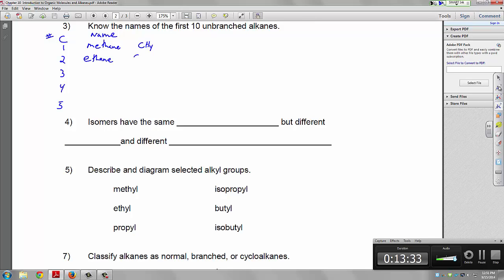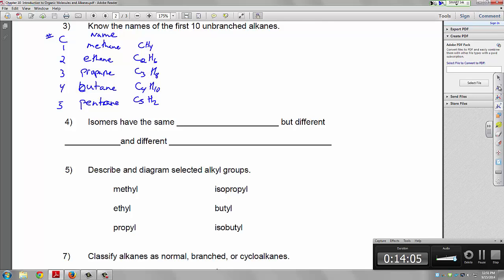I'm not going to draw the whole structure, I'm just going to give you the chemical formula: C2H6. Propane, C3H8. Butane, that's a B, butane, C4H10. Pentane, we did.